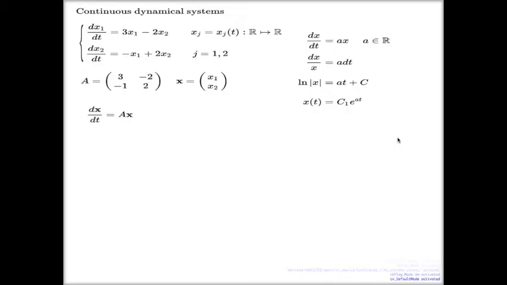So after realizing this, I'd like to see whether something like this can be done here. We cannot do separation of variables here, of course. We cannot divide by x when x is a vector quantity. We have nothing of this sort, so we cannot repeat the same steps here. No way. But we can try to model the answer. By saying so, what I mean is this: for the exponential function, we have a Taylor series representation, don't we?